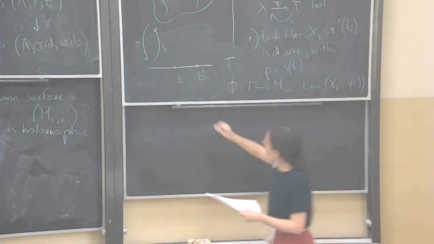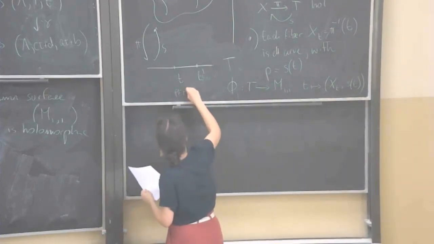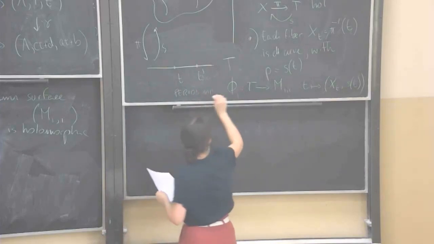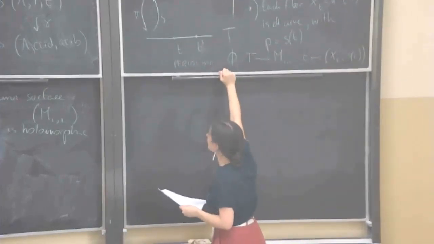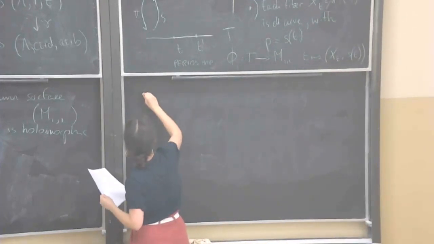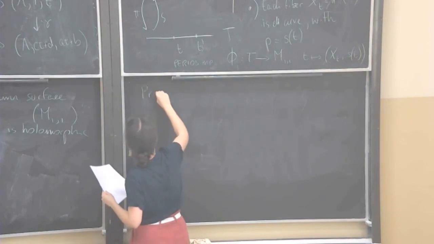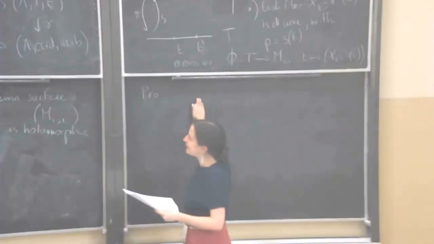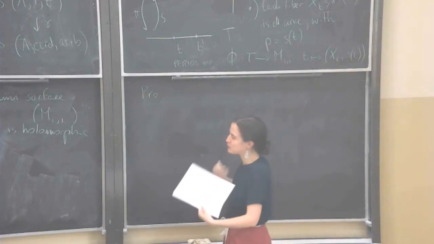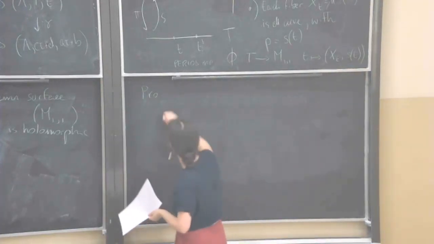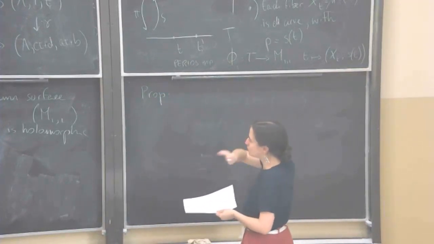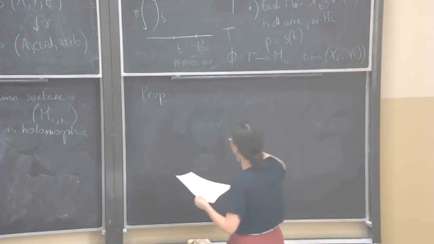And this is called the period map. And we want to ask things about this map. So if it were a proper modular space, a modular space which has all the stuff that you want from it, this is the stuff that you want from it. But we will see that actually we don't have it.